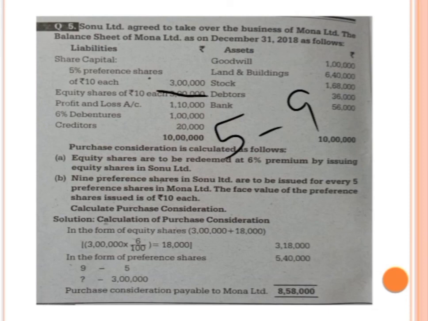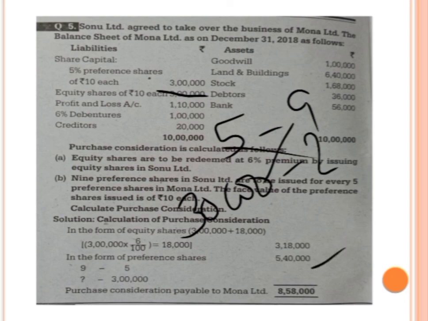Here the total amount is 3 lakh divided by 10. What is the number of shares we get? 30,000. Now you have to calculate, if 9 shares are given for 5 shares, what is the number of shares that will be allotted for 30,000 shares? You get 54,000. Then it has to be multiplied with the face value, that is 10 rupees. So the total amount of preference shares given would be 5,40,000.